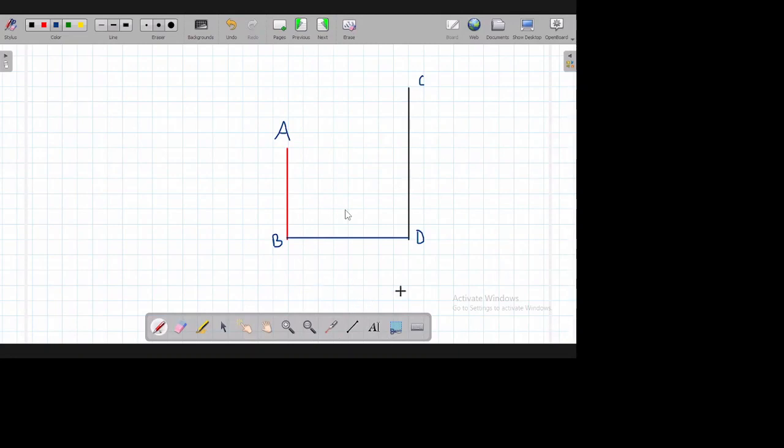Now, from the top of the house, the angle of elevation of the top of the building is found to be, let's say, 30 degree.